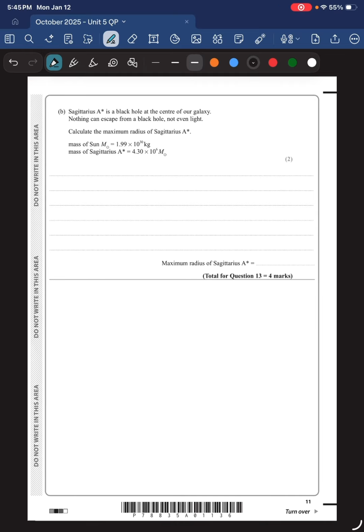Part B. Sagittarius A star is a black hole at the center of our galaxy. Nothing can escape from a black hole, not even light. Calculate the maximum radius of Sagittarius A star. This is kind of a trick question. They give you the mass of the sun, and they tell you that the mass of Sagittarius A star is 4.3 times 10 to the 6 times the mass of the sun.